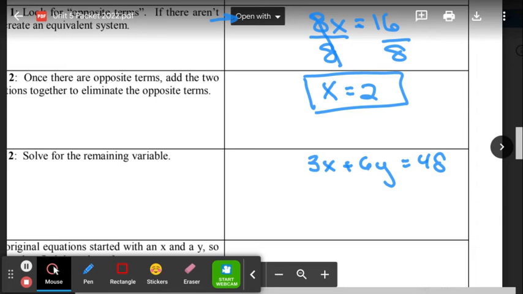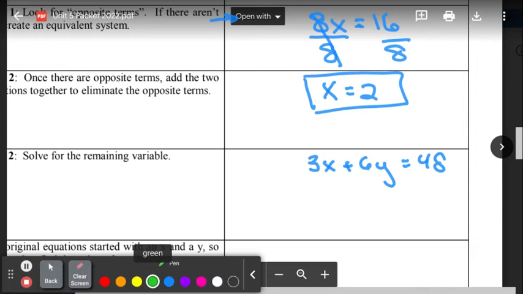Now, this 2 goes in for x. So instead of 3 times x, I'm going to write 3 times 2 plus 6y equals 48.